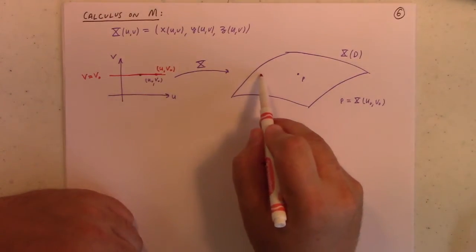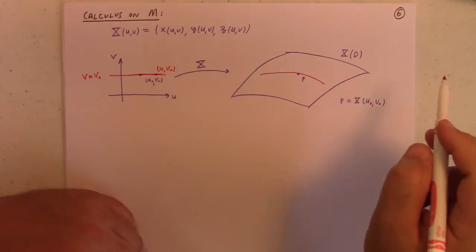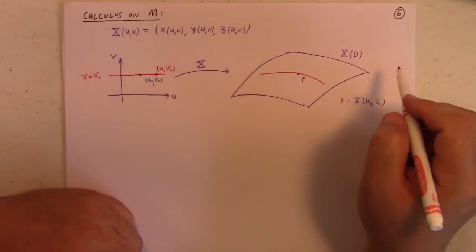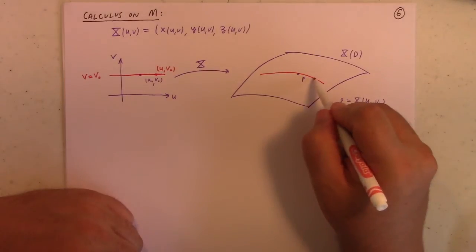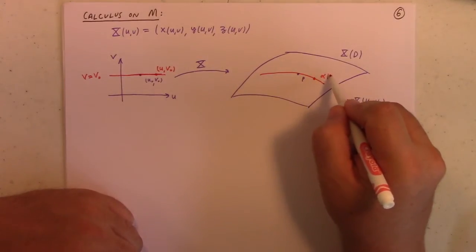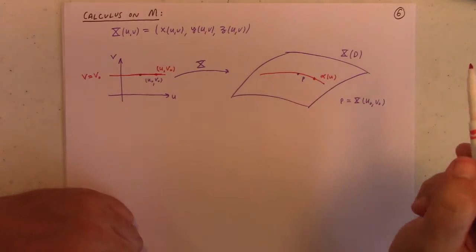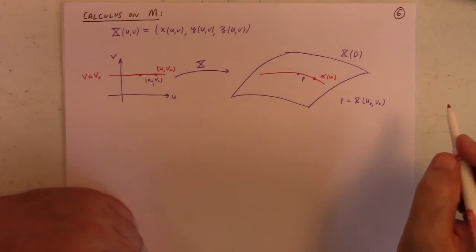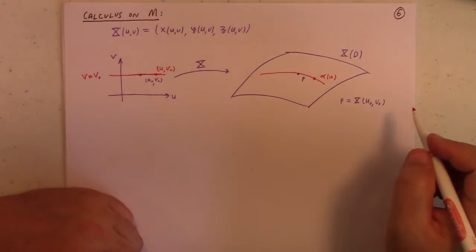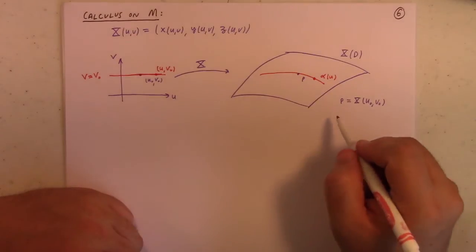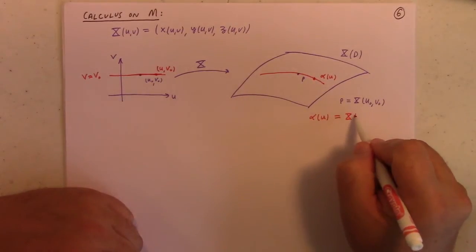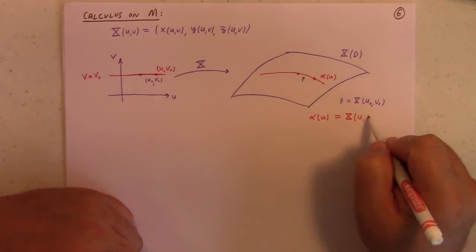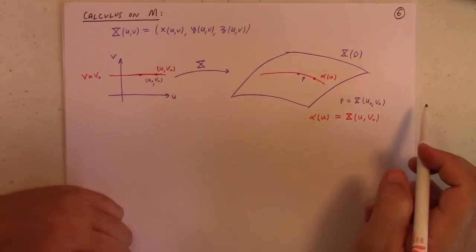That gives me some kind of curve over here, which we'll call alpha. So this point over here would be, say, alpha of u. So to be specific, how is alpha defined? Alpha of u is by definition x of u comma v naught for the current discussion, right?